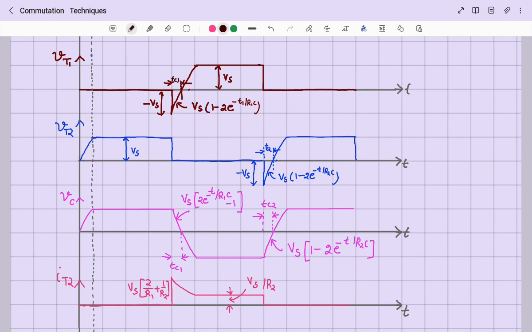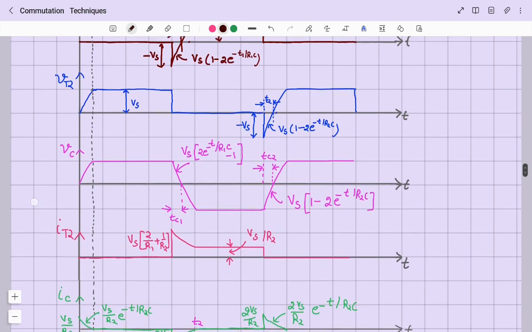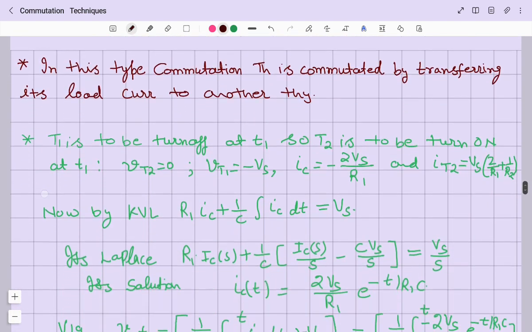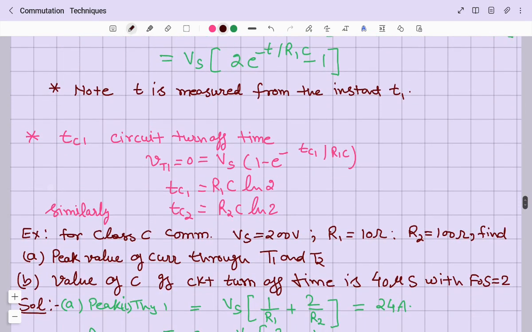Or you can say the time required for the thyristor T1 voltage to go from minus Vs to 0 is the circuit turn off time Tc1. So it would be given as Vs(1 - e^(-Tc1/R1C)) must be equal to 0. Once you calculate this, Tc1 comes out to be R1C ln2.